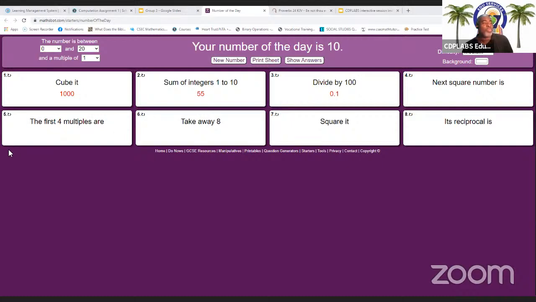Next square number is... remember, your number of the day is 10.